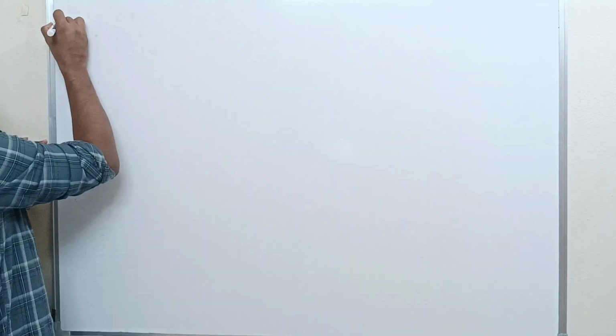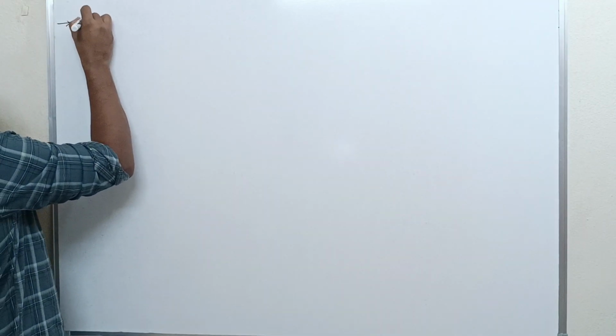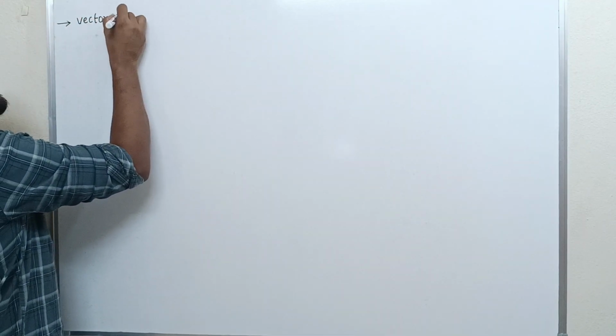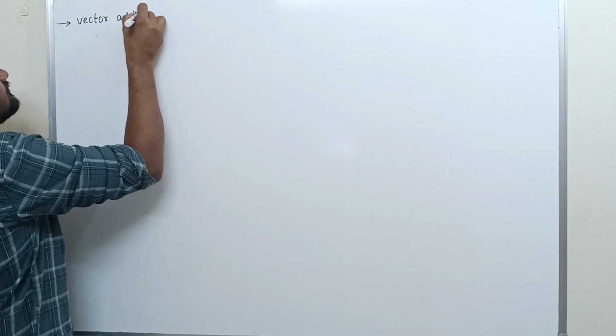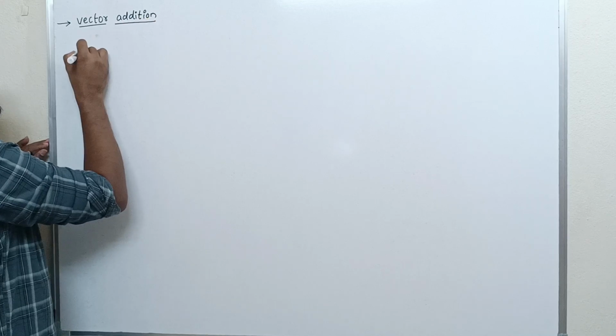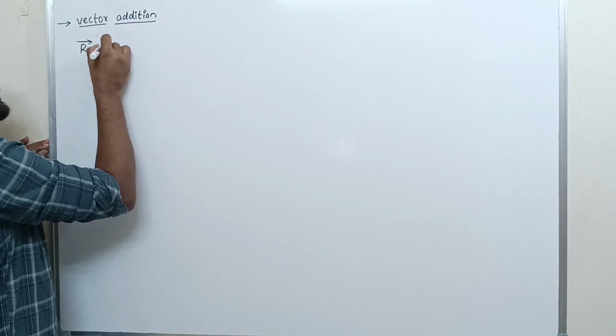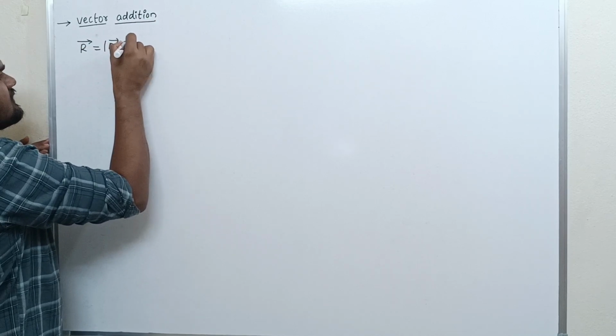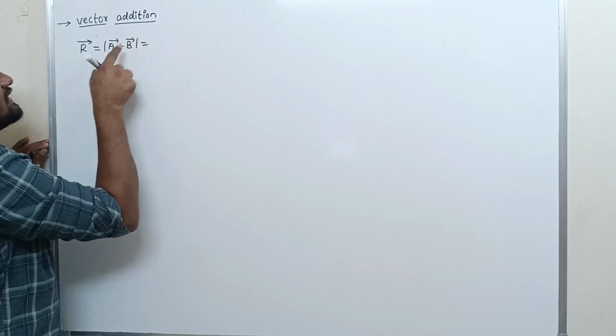So what is vector addition? In case of vector addition, we have the formulas. For the resultant vector, r bar is equal to a bar plus b bar, the addition of the two vectors.